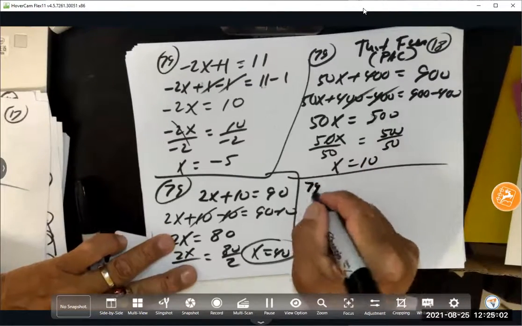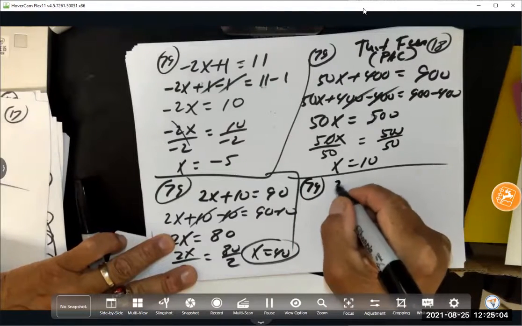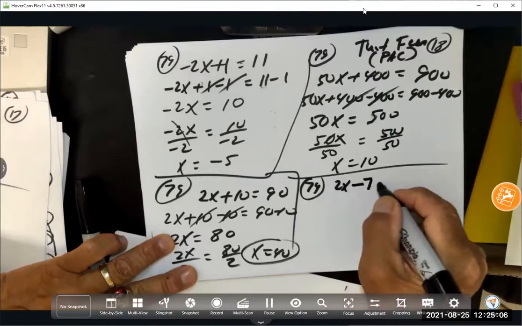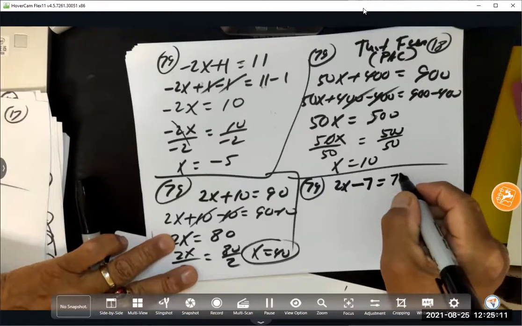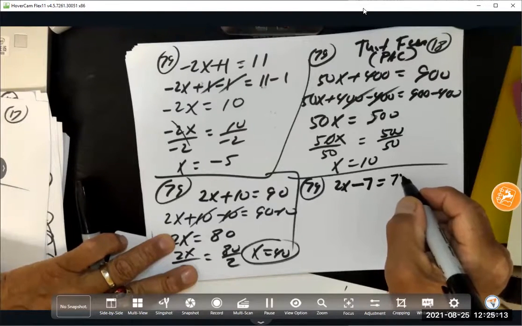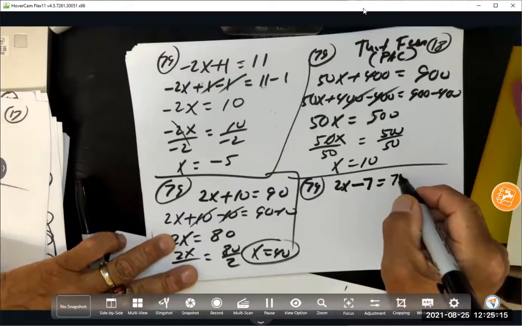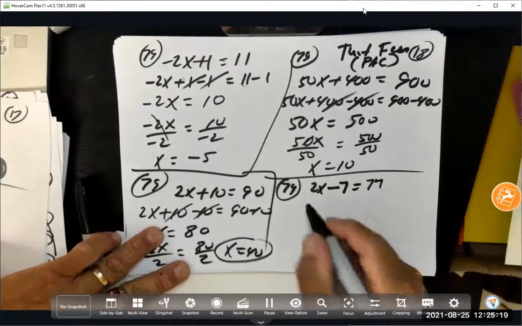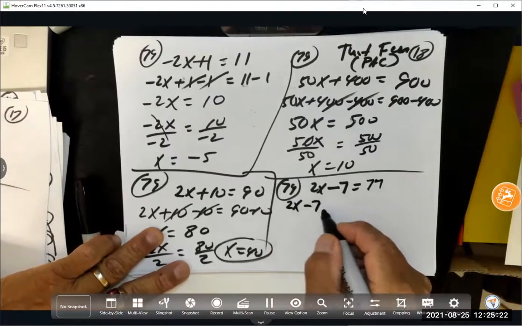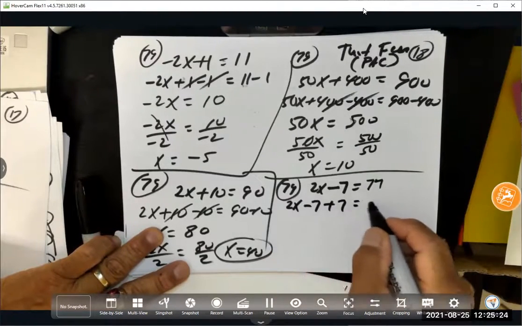So now what if it was like this? What if it's 2x minus 7 equals 77 or something? 77 sounds good. How about that one? Plus 7. Somebody said, because I have a negative already, I add 7 to both sides. Is that okay?